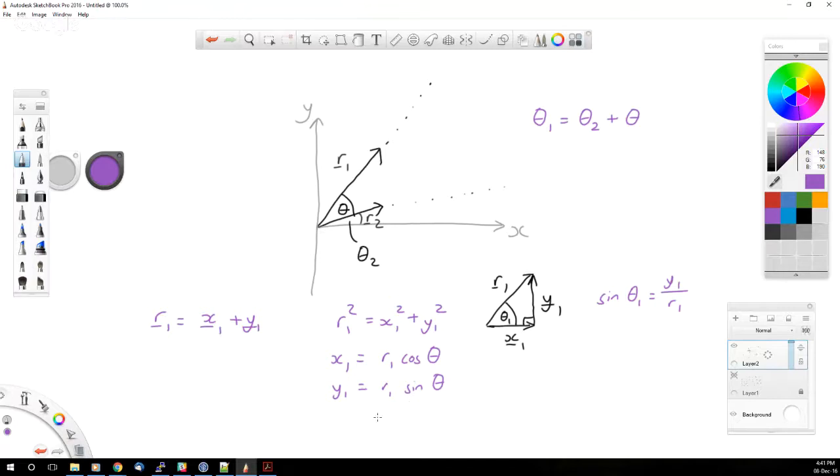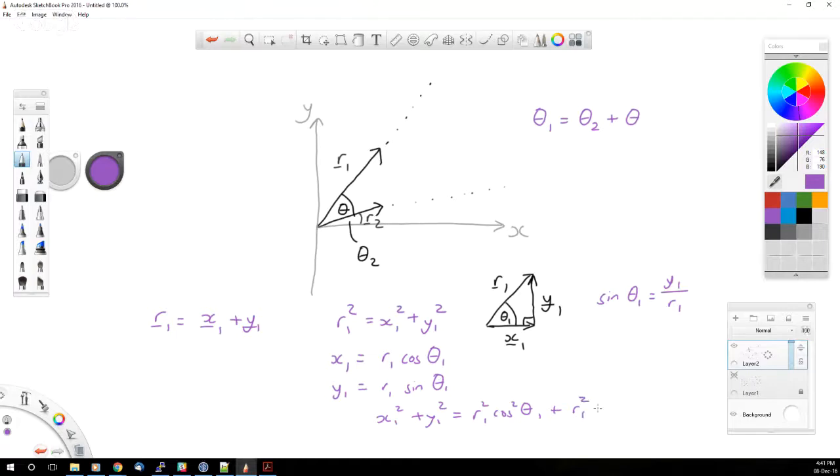So we get x1 squared plus y1 squared equals R1 squared cos squared theta 1 plus R1 squared sine squared theta 1. All of these are 1s.